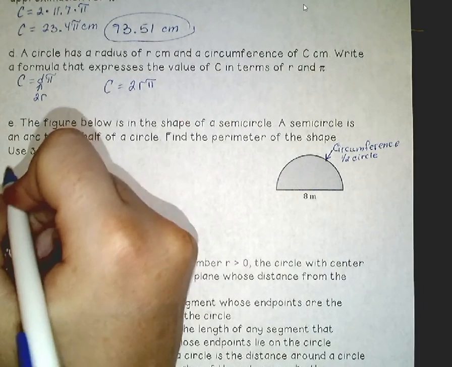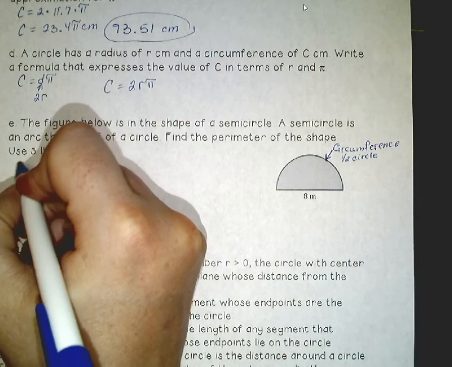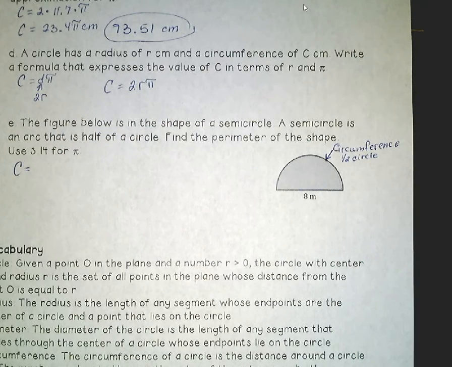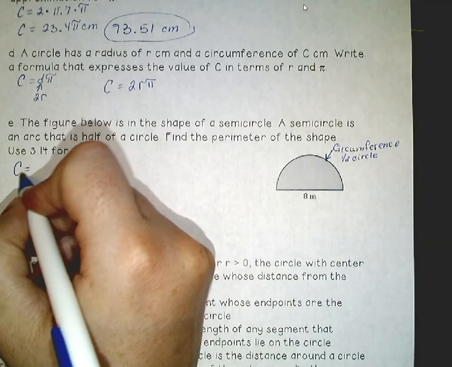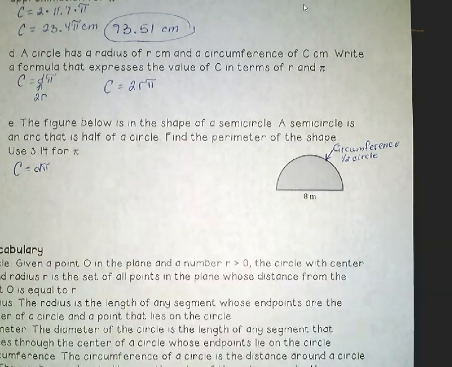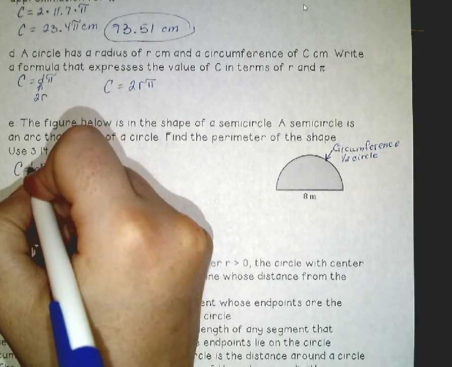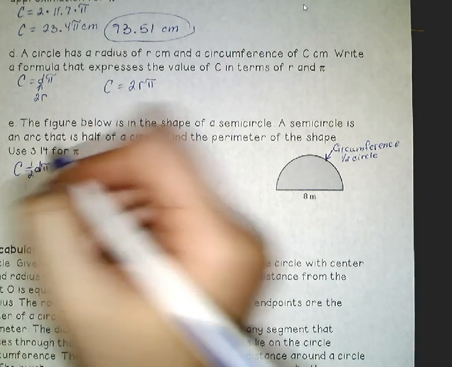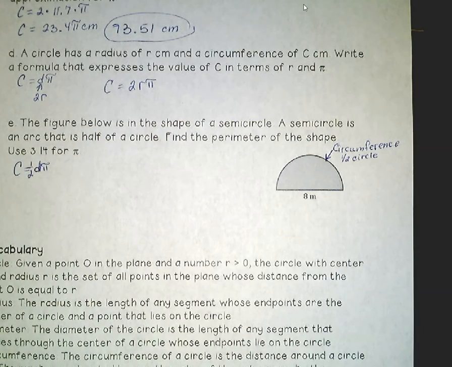To find the circumference of half a circle, I'm going to find the circumference of a circle and use just half of it. Circumference equals diameter times pi, but since we are using half of it, we are going to multiply half of the diameter by pi. And what is half of that diameter? Half of the diameter is the radius, isn't it?